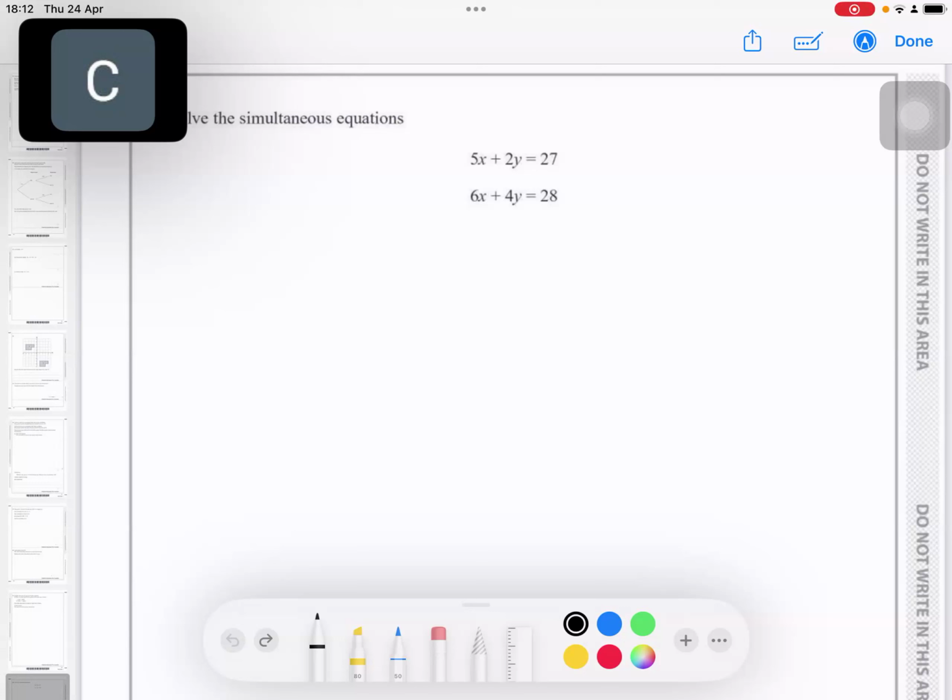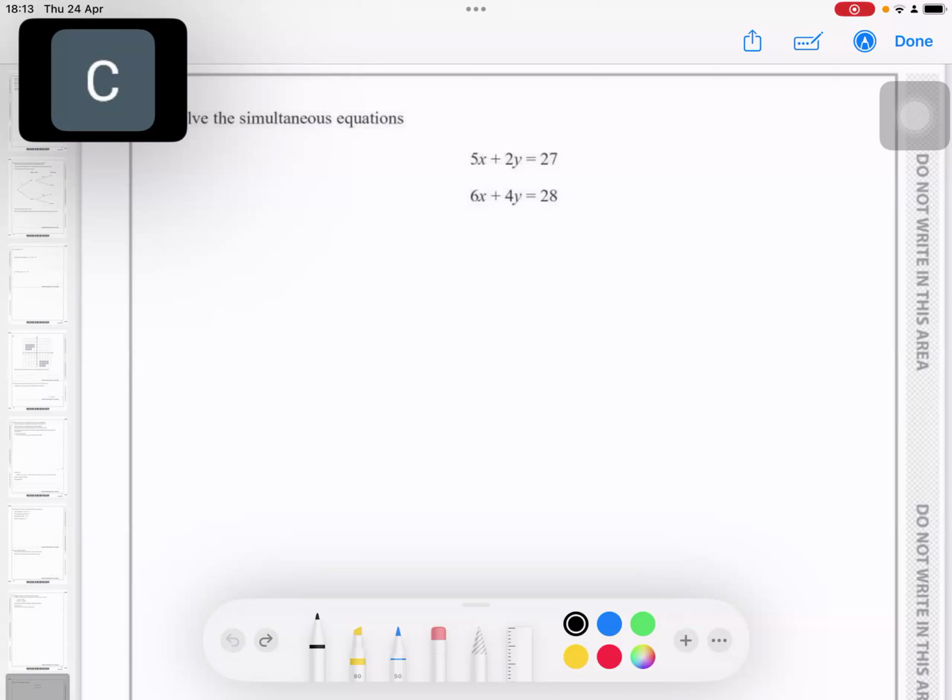Okay. So the question we have before us is 5x plus 2y equals 27. I'm going to call that equation 1.